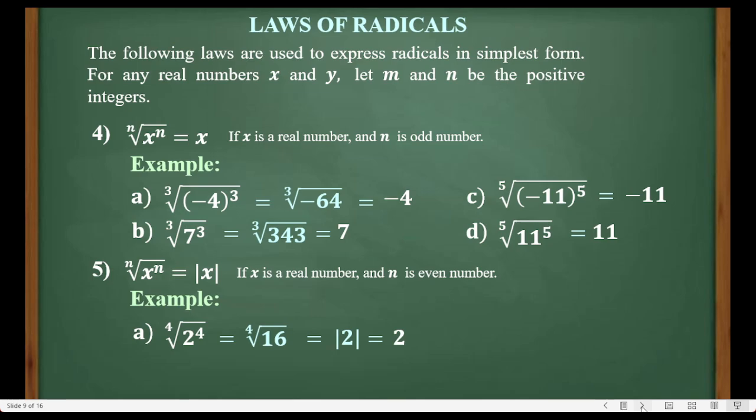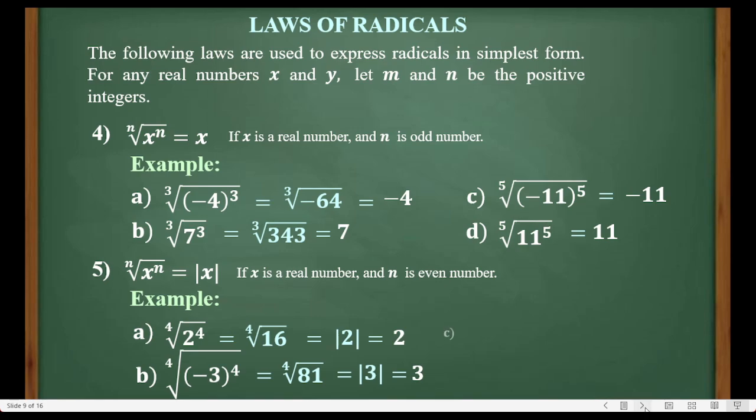Next, for letter B, how about the fourth root of negative 3 to the fourth? It's the fourth root of positive 81, which is equal to 3. It's actually the absolute value of negative 3, which is 3.